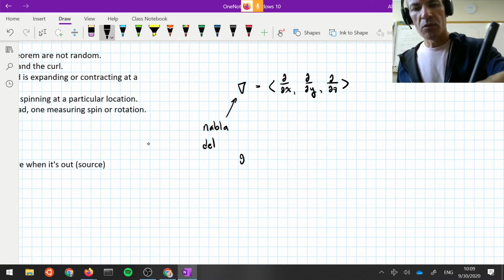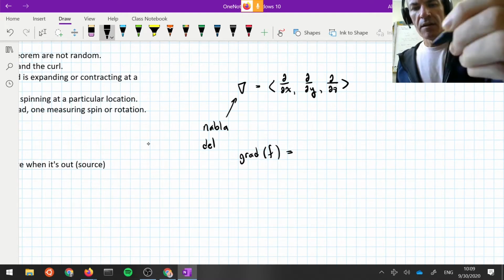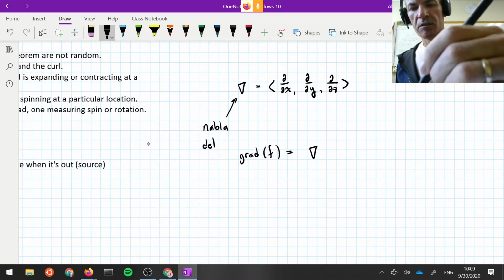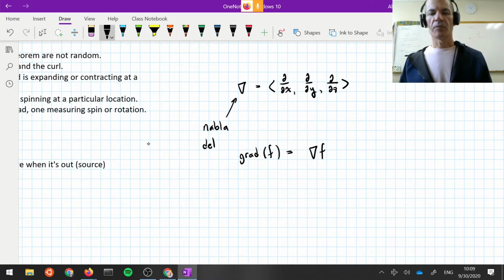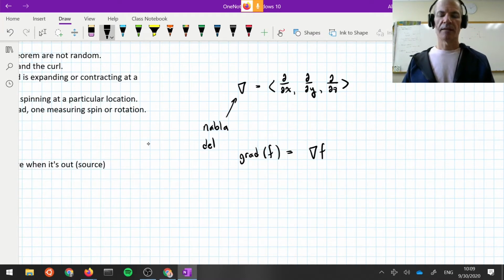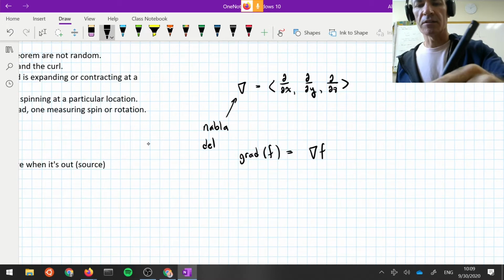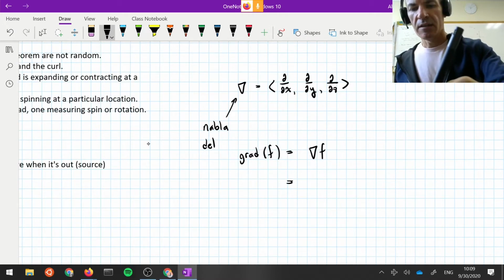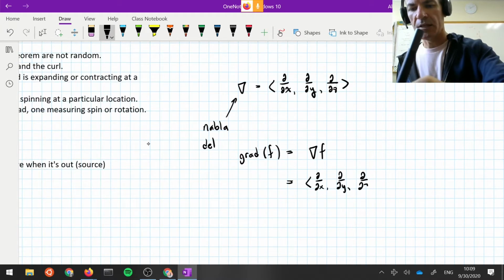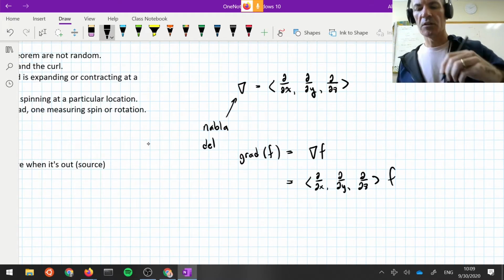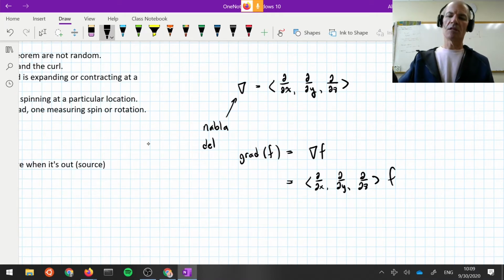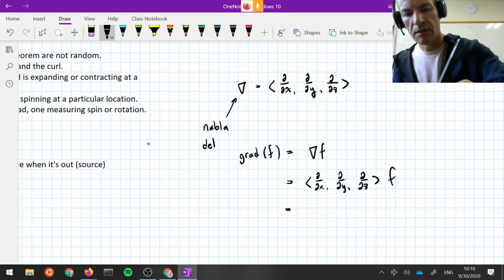We can compute the gradient of a scalar function f by doing scalar multiplication on the right by the scalar function f. That gives me the partial with respect to x, partial with respect to y, partial with respect to z, and then scalar multiplication on the right really just means distribute that scalar onto each of the components.